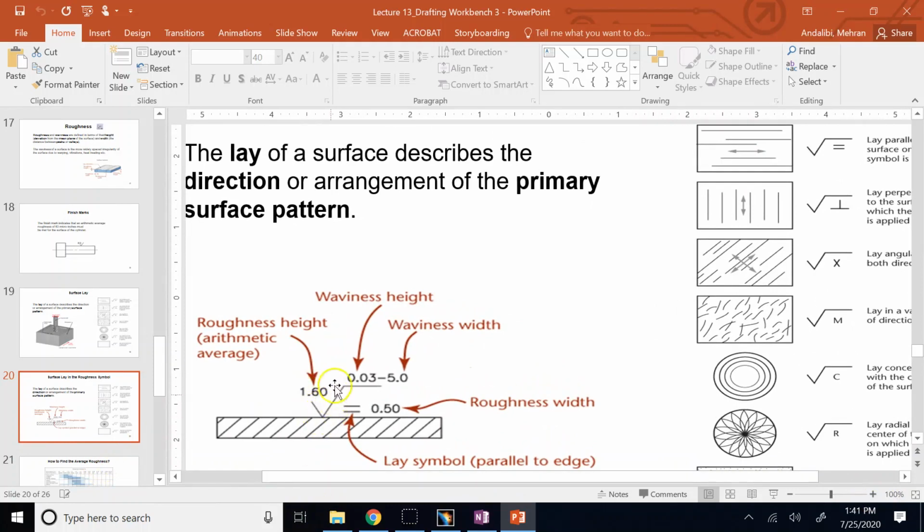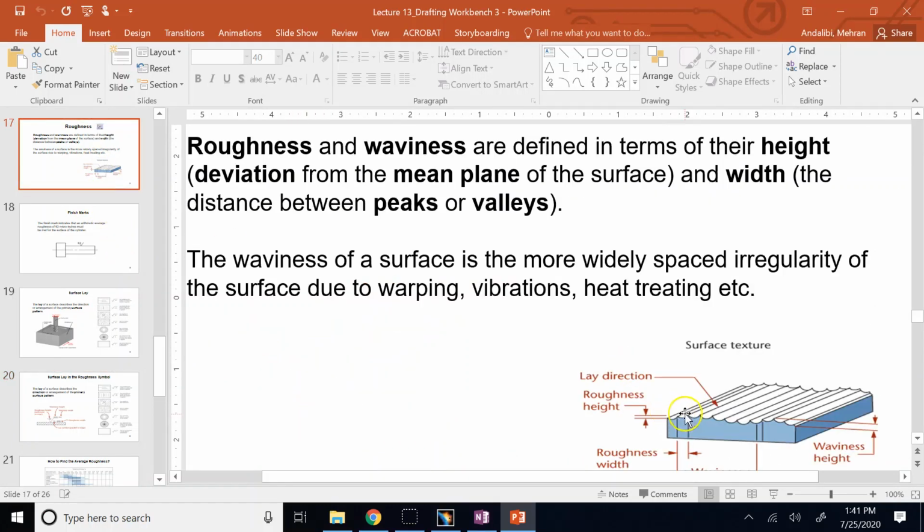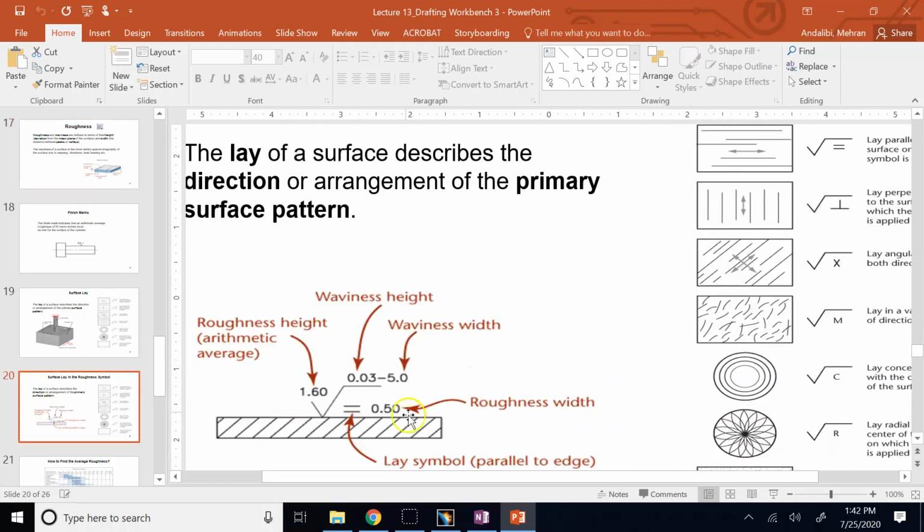So above this square root on the left, you show the average of the roughness height. As you paid attention, not all of these peaks are the same roughness height. So if you give an indication of the average of them, you can put that average here. By the way, this number that you see, it's not whole unit. It is micro.